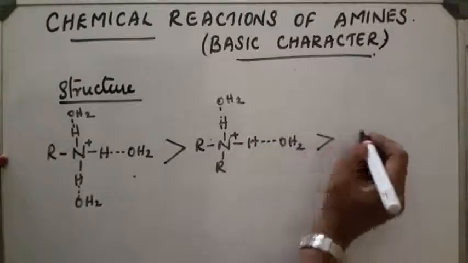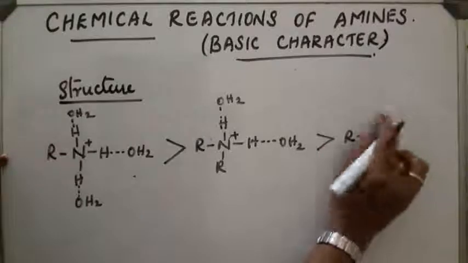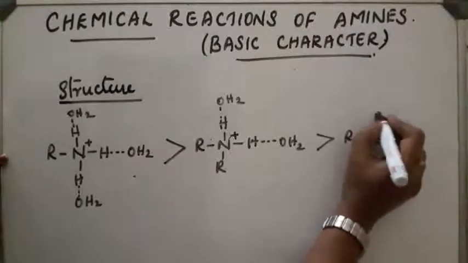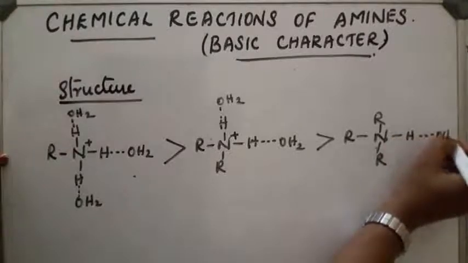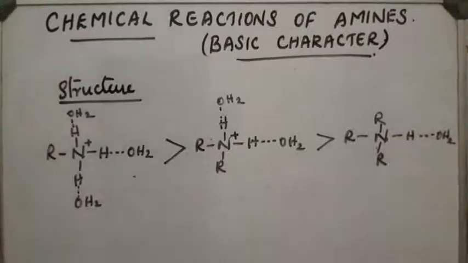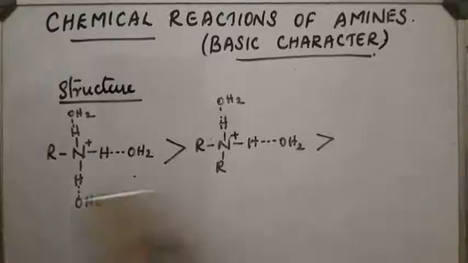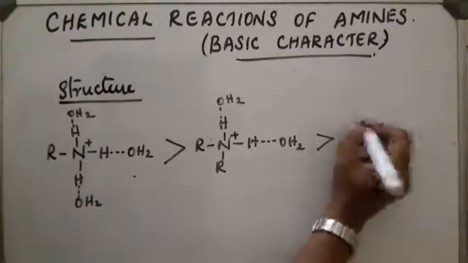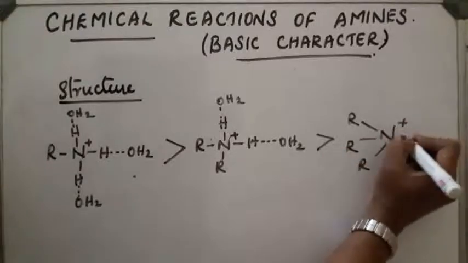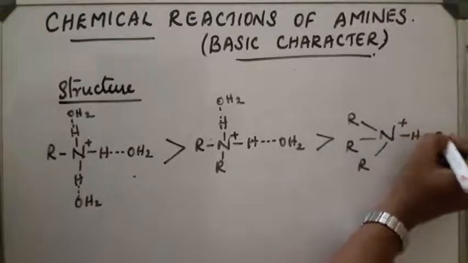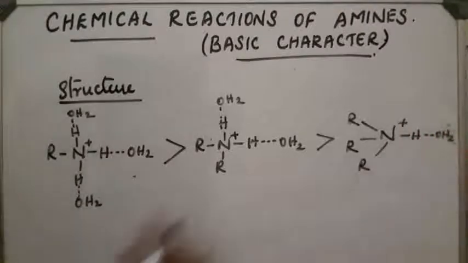Next, what will be the case of tertiary amines? Like this, or we can draw it like this. So this will be the order of solvation. Solvation is least in the case of tertiary amines.